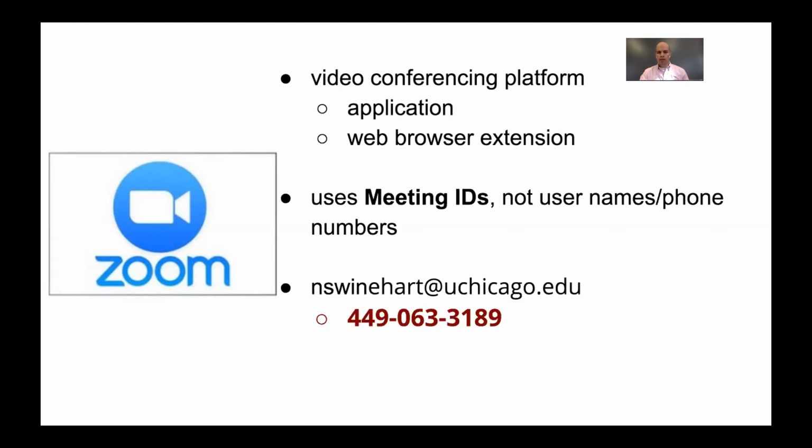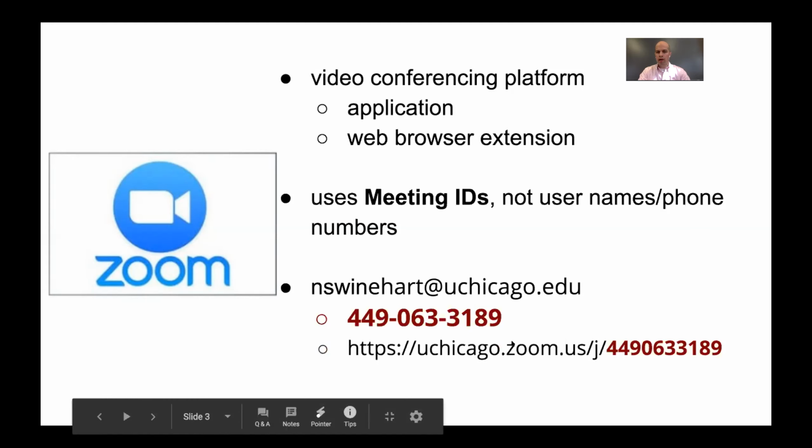My meeting ID for that account is this number here. For every account, there is a standard meeting ID. And if this is my meeting ID, then my meeting link is this here. You can see the meeting link is my meeting ID number at the end of this other URL.